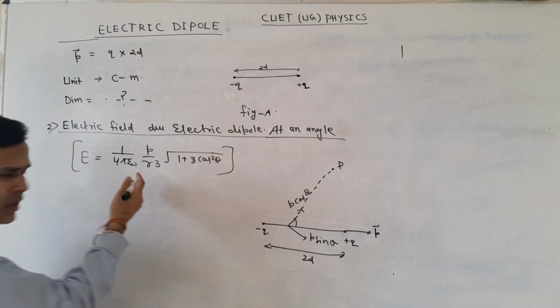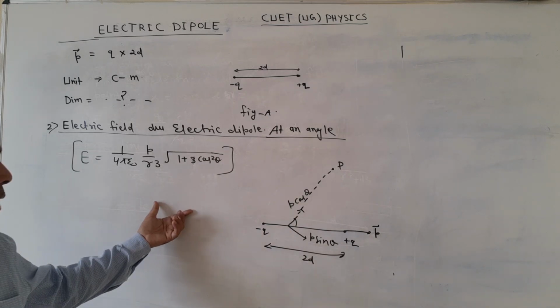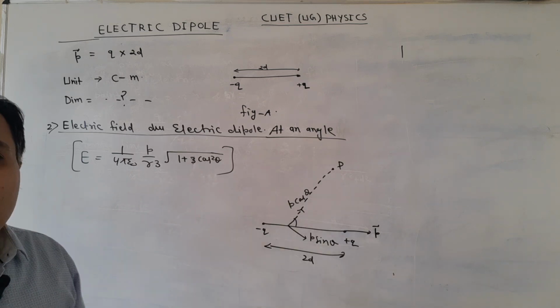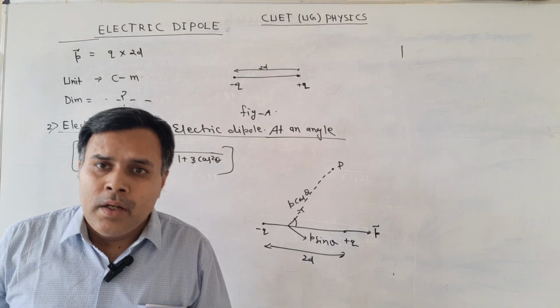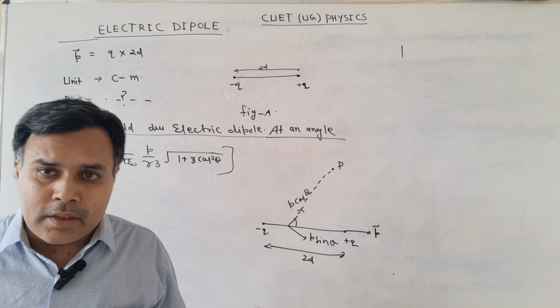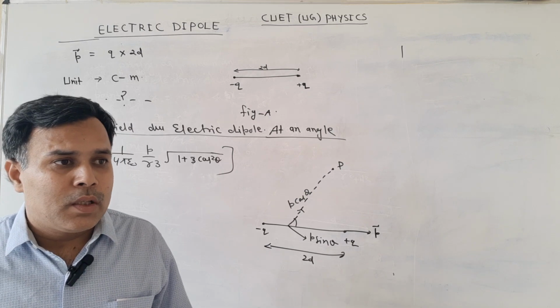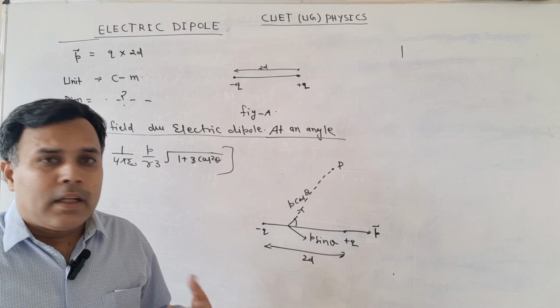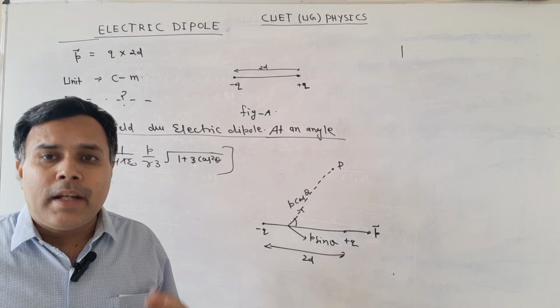There is a separate derivation which is very easy and easily available in all textbooks of electricity and magnetism, so you can refer to it. So we have three different profiles of electric field due to an electric dipole: the first one at an axial point, second at an equatorial line, and third at an angle.